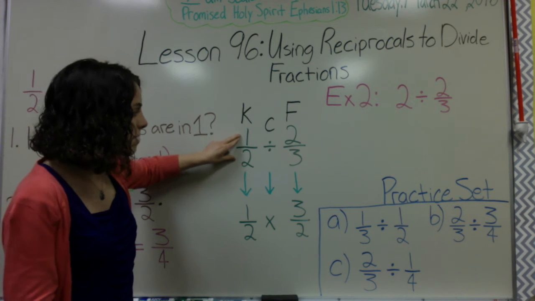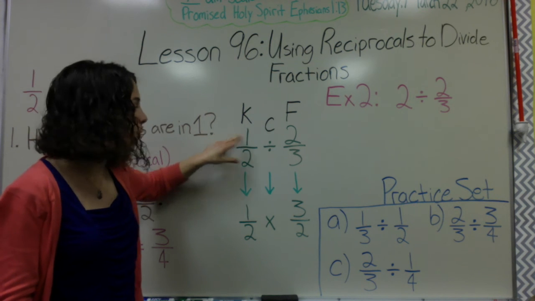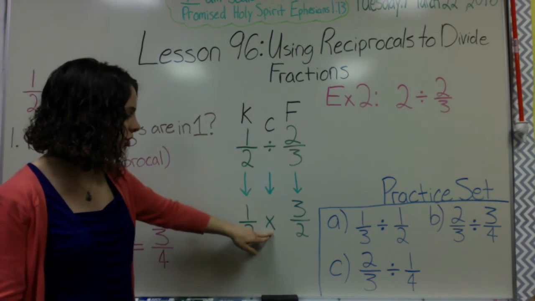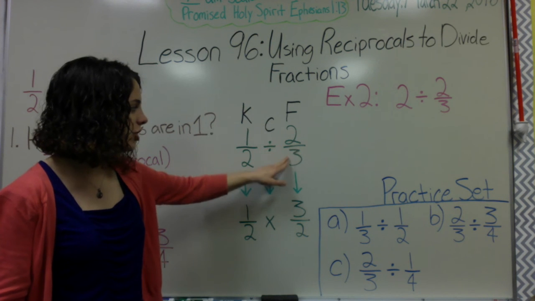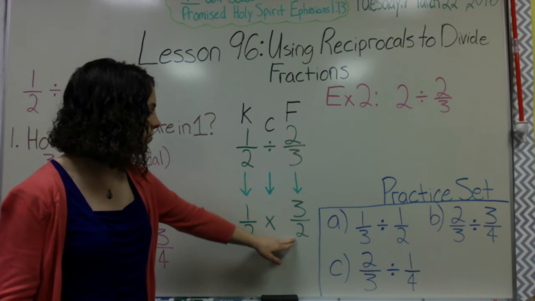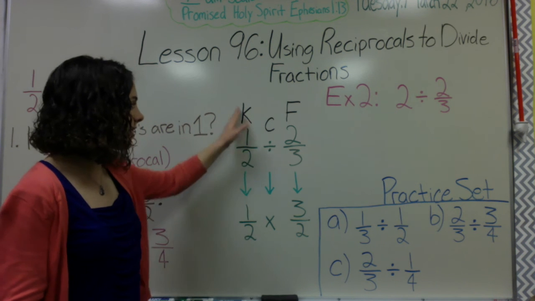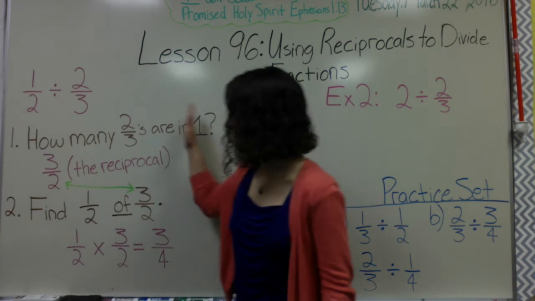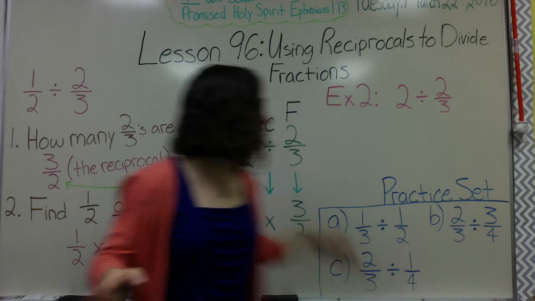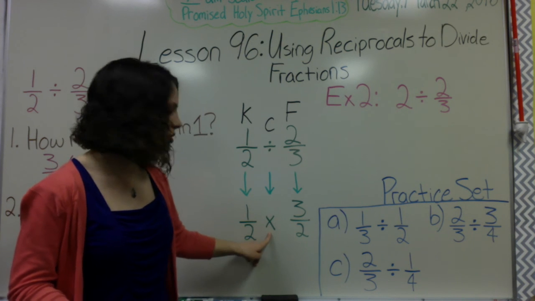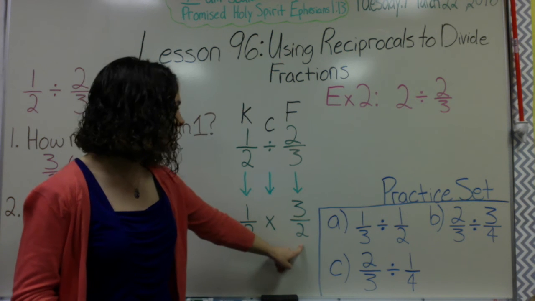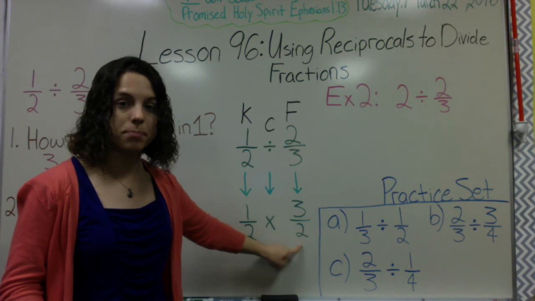So I'm going to keep my first fraction the same. I'm going to change my division to multiplication, and I'm going to flip my second fraction, 2/3, and it becomes 3 over 2. So that's all we did in this whole process: keep, change, flip. Keep, change division to multiplication, and flip the second fraction so I get my reciprocal.